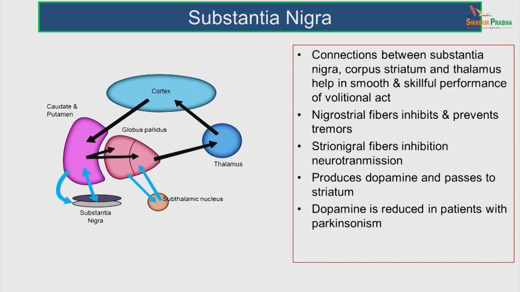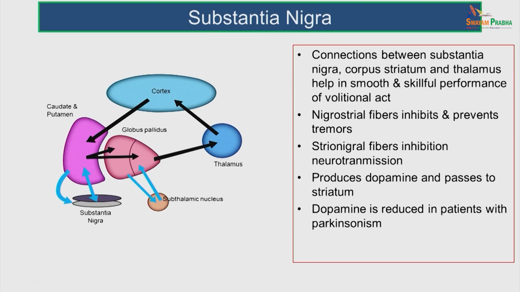Now, let us see the importance of learning the connections of the substantia nigra. The substantia nigra is connected with the corpus striatum and the thalamus. This connection helps in the smooth and skillful performance of a volitional act.